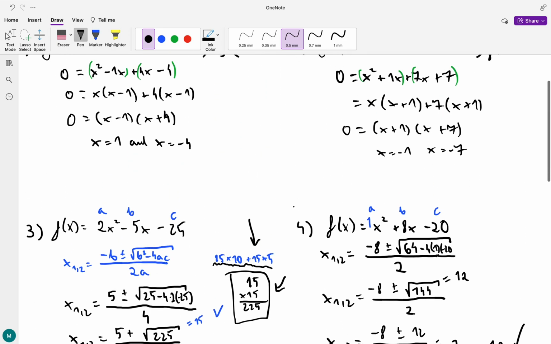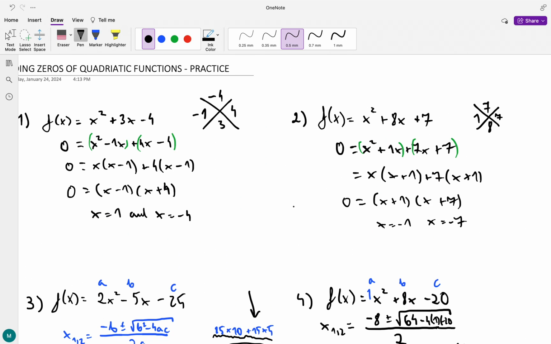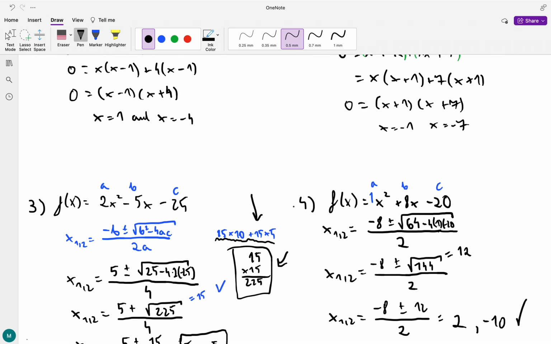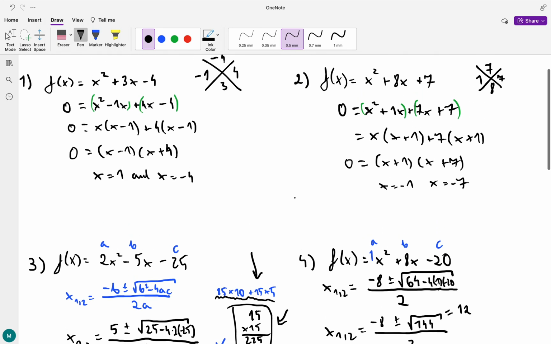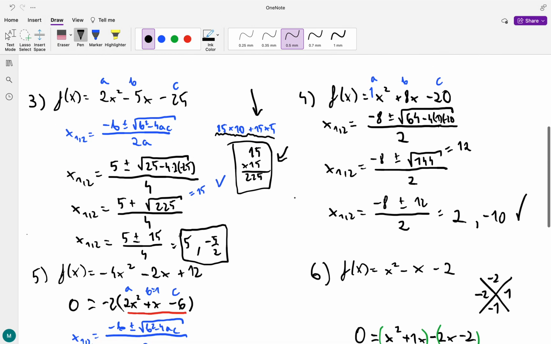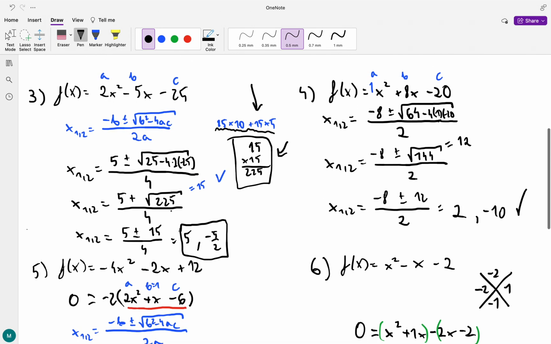6 examples. Some of them were completed by utilizing factoring for simplicity, and other ones are easier to deal with when you are using the quadratic formula. So make sure to be comfortable with both, because sometimes you don't want to waste a lot of time doing calculations like these right here.